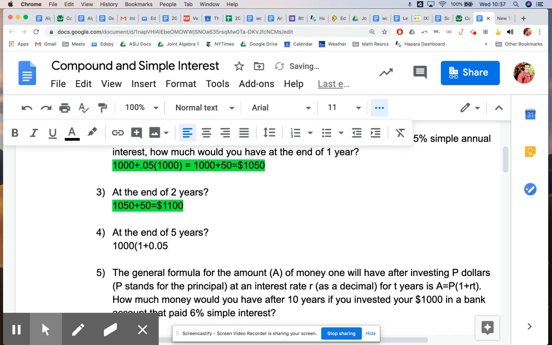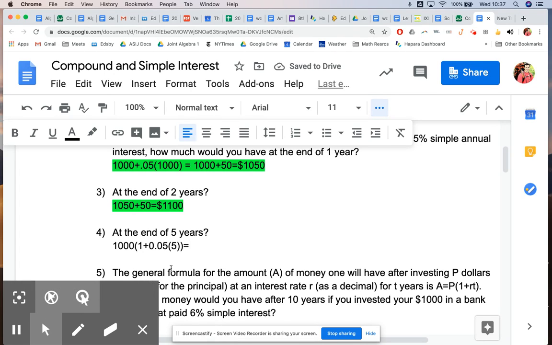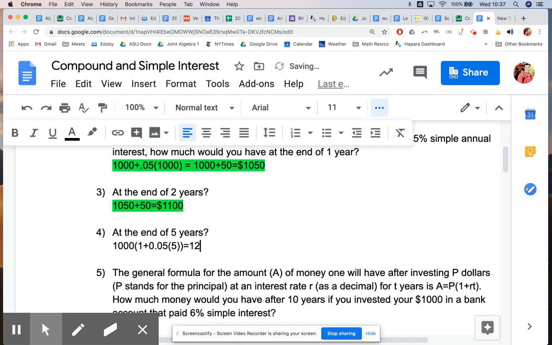But how many times am I going to add that 5%? I'm going to add it for 5 years, so I'm going to add it 5 times. Now I'm taking 100% and another 5%, but 5% 5 times, so I'm actually going to be adding 25% onto that. So I'm basically taking 125% of that $1,000, and that will give me $1,250.